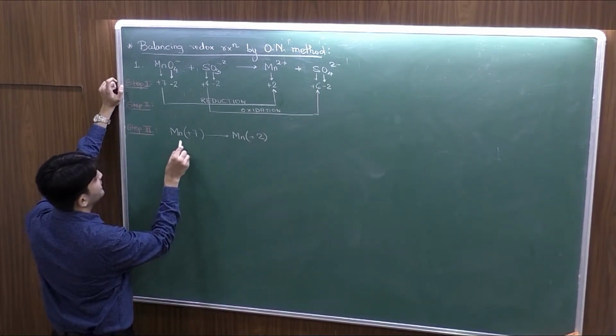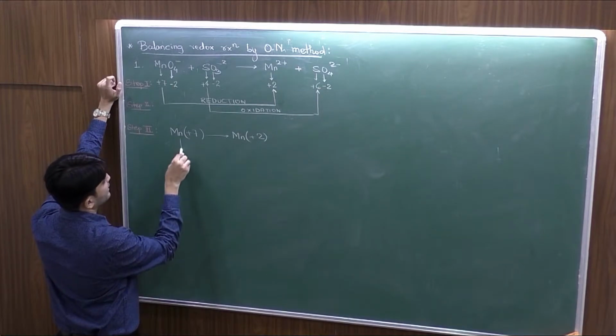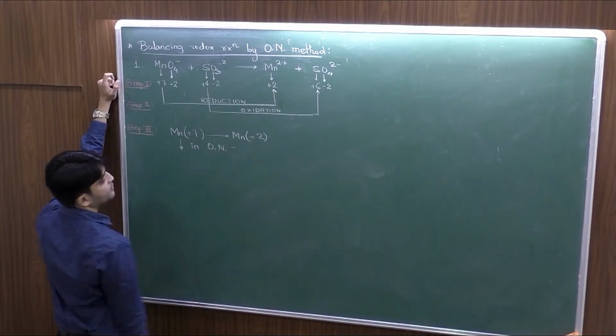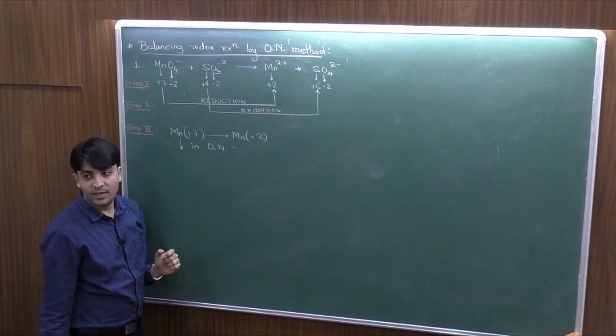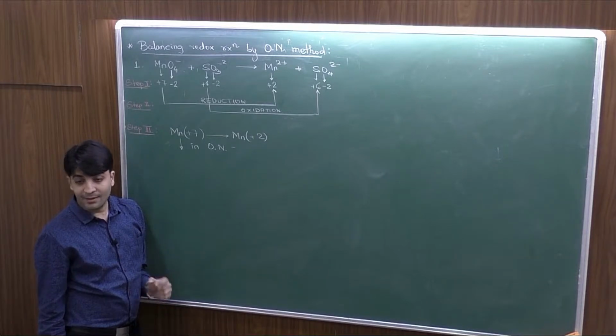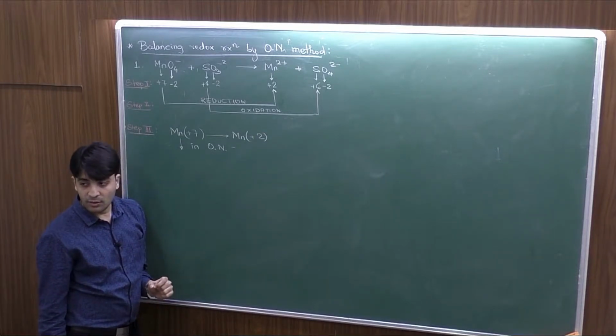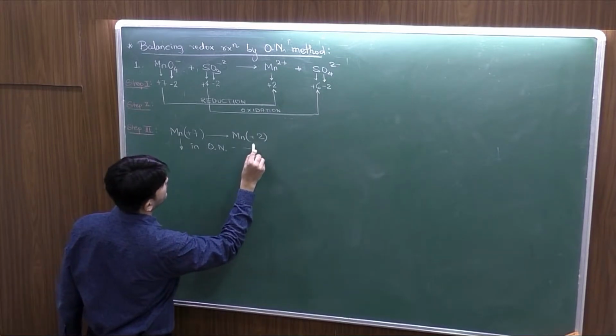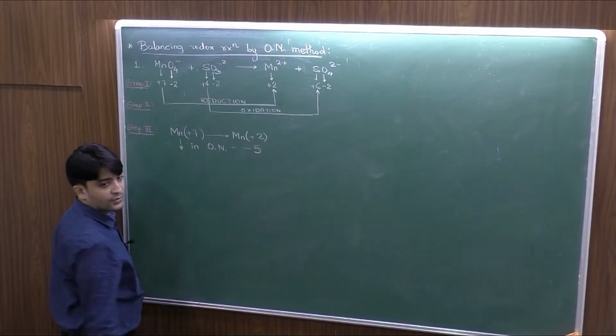So the decrease or increase? Decrease. So the decrease in oxidation number is minus 5. When you show a decrease, it has to be with a negative sign. The signs are very important in redox, क्योंकि वो सारा charge के ऊपर related है. So decrease in the oxidation number is minus 5.